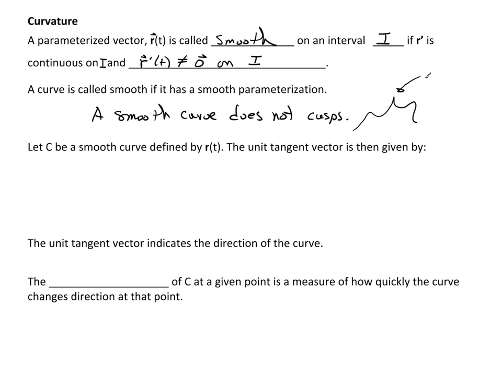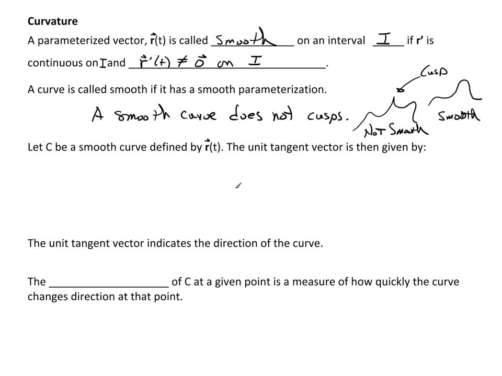Right, there's a cusp. So this is not smooth. Whereas something that just looks like this, there are no cusps. This is a smooth curve.